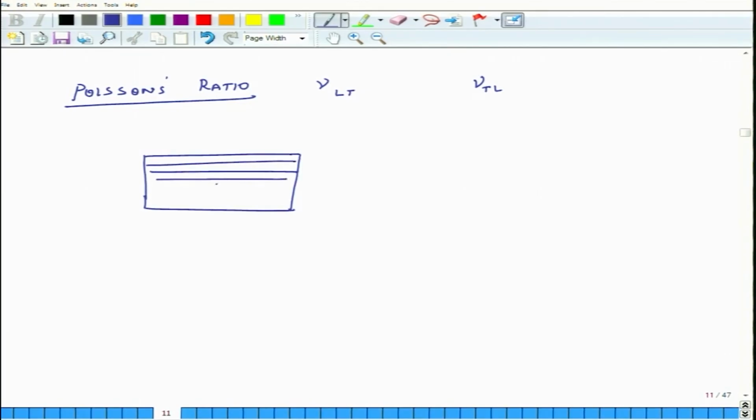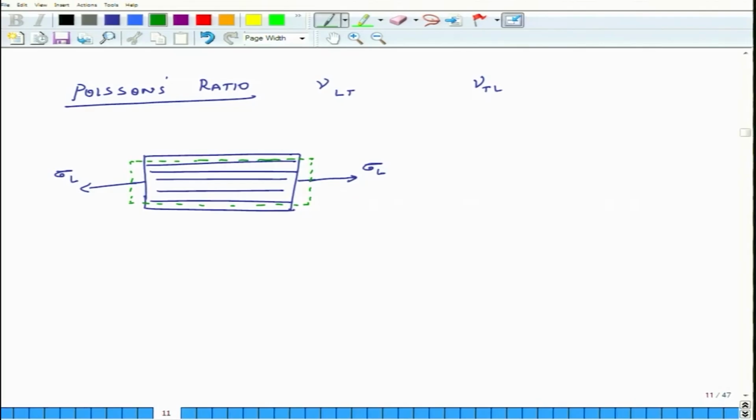That is our L direction, and if I pull this composite in the L direction with a stress of sigma L, then because of this longitudinal tension, what will happen to the composite? It will become a little longer and it will become a little thinner.